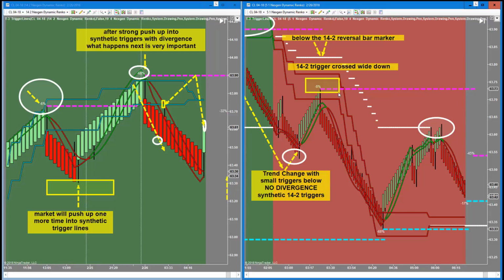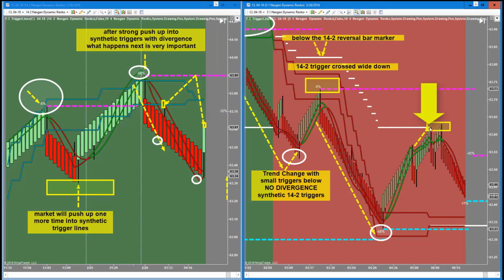Now, as the market trades to the downside, you'll see that we put in divergence. So we've got a negative 68 down here at the bottom. Traditionally, when you have a divergence, that means that the market's going to go back up higher, and many times will stop out of pivots before you actually make the move to the downside.